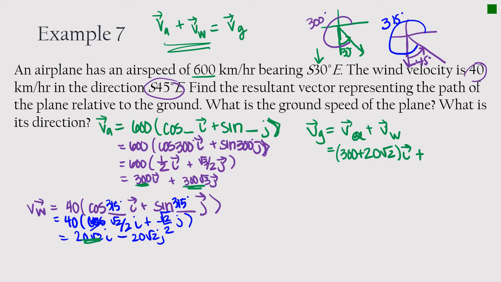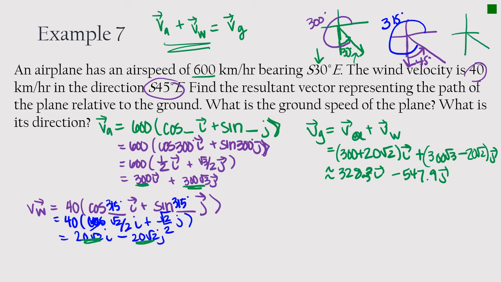And then for the j component, it's negative 300 root 3 minus 20 root 2 j. So if you were to actually estimate that, that's going to give us 328.3 i minus 547.9 j. So we can see no matter what, we've got a positive x and a negative y. So even with this going in this direction and having a wind speed pushing that another 45 degrees, my plane's ground speed is still going to end up being in that fourth quadrant.